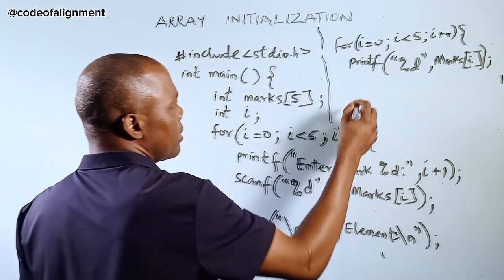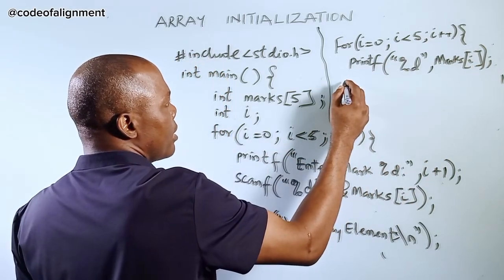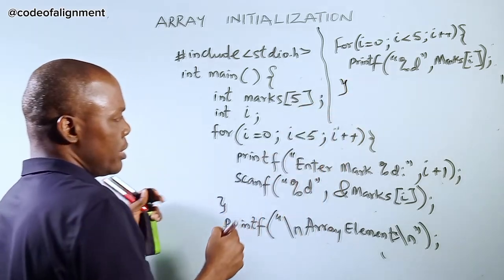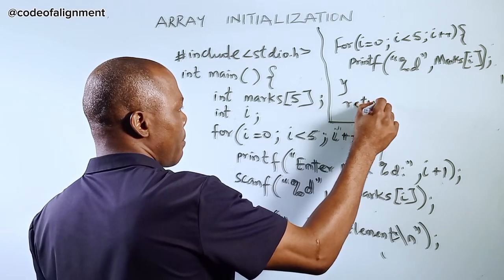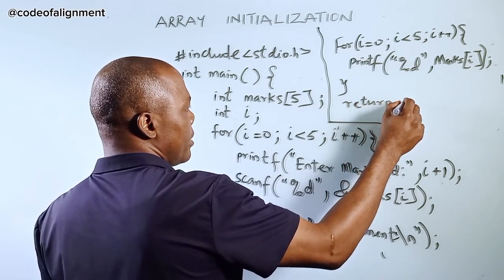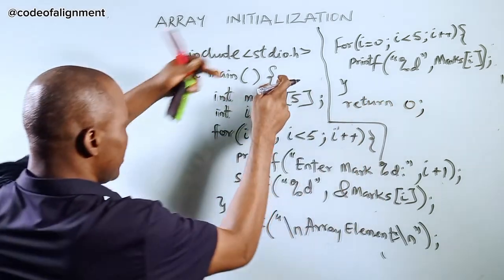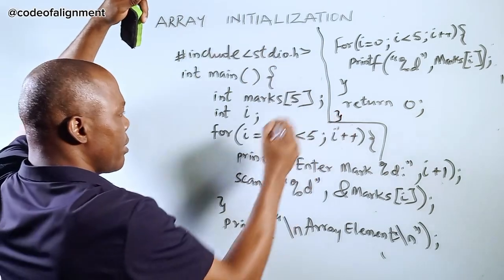Then I'll close this. Then I'll close this. Then I'll say return 0. Then this curly bracket, I'm putting it here, for example.